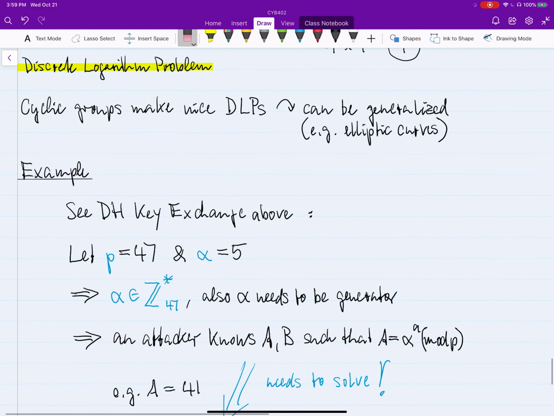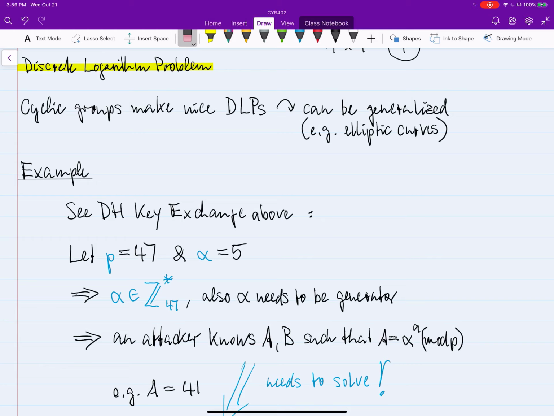Okay, so with this under our belt, we can comment on what the discrete logarithm problem is. So it turns out that cyclic groups make nice discrete logarithm problem crypto systems. This is because we can generalize that principle based on the nature of that function.